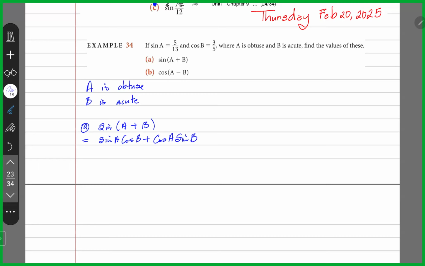So, so far I already have the sine of A, which is 5 over 13.